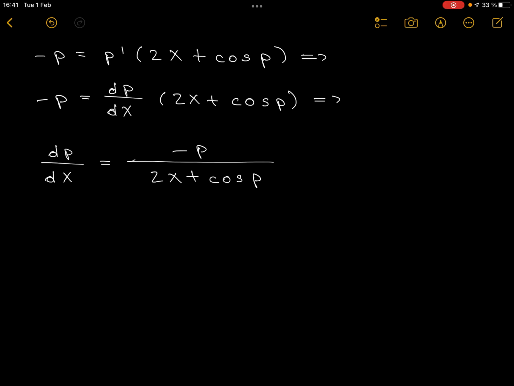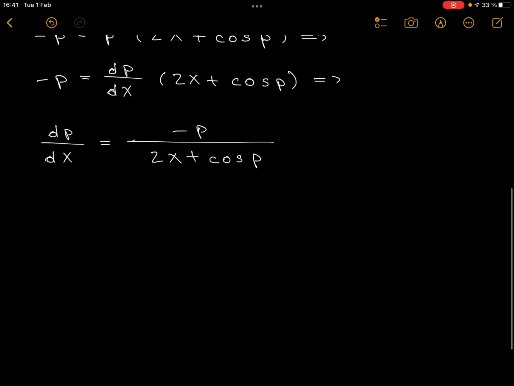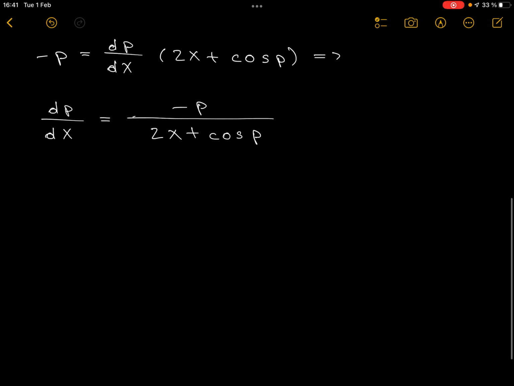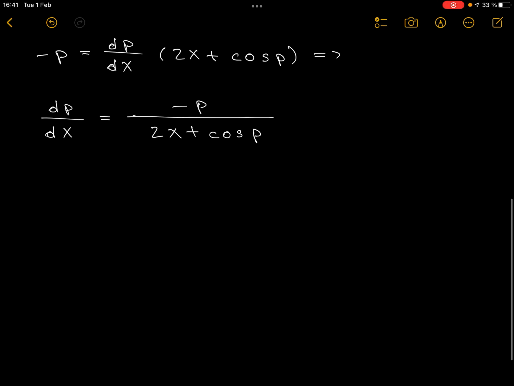Okay? So this isn't a very nice form of an equation if we look at p as a function of x, but what we can do is perform the old switcheroo and look at x as the function of p.